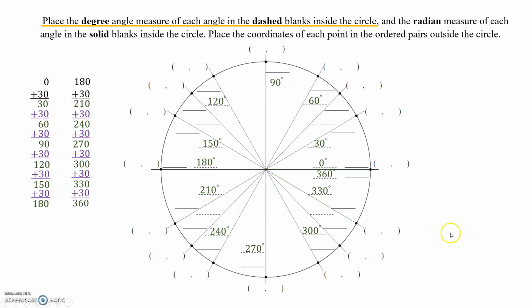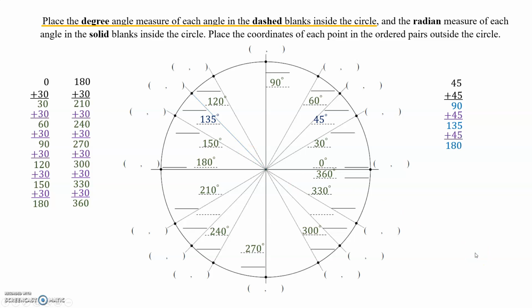So now that I've got all of my multiples of 30 filled in, I will come back and deal with the missing 45s, or multiples thereof. So my first one, there's my 45-degree angle. If I add 45 to that, it'll give me 90. 90 is already identified. Add 45, 135. So there's that missing multiple of 45.